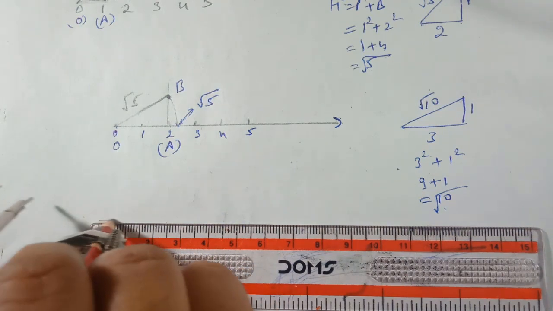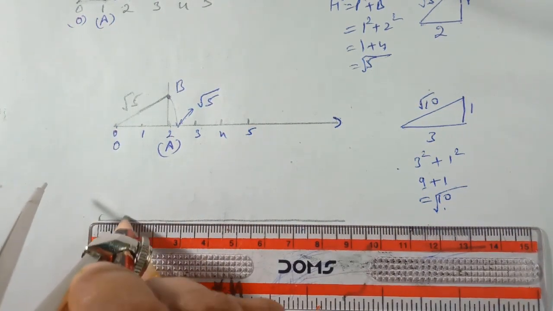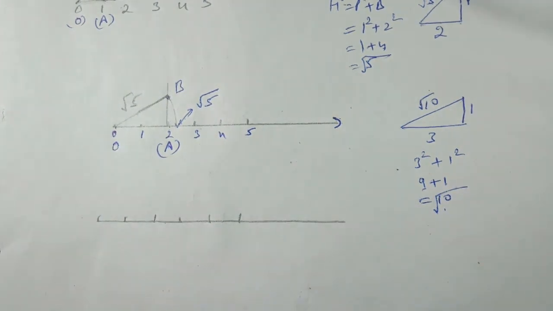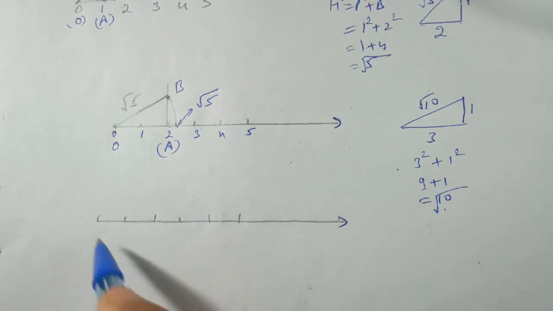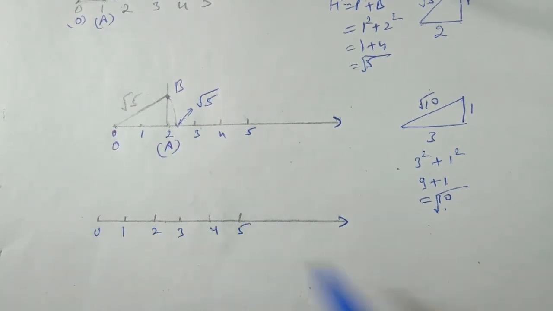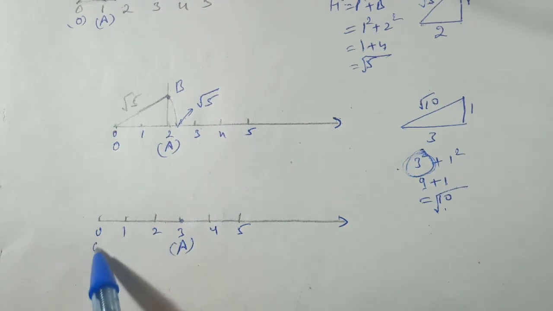We have to draw a number line, and mark the points 0, 1, 2, 3, 4, 5. Again 5 points I am taking: 0, 1, 2, 3, 4 and 5. We have to take the base as 3. So this is 3. Let this point be A and this is the O point.